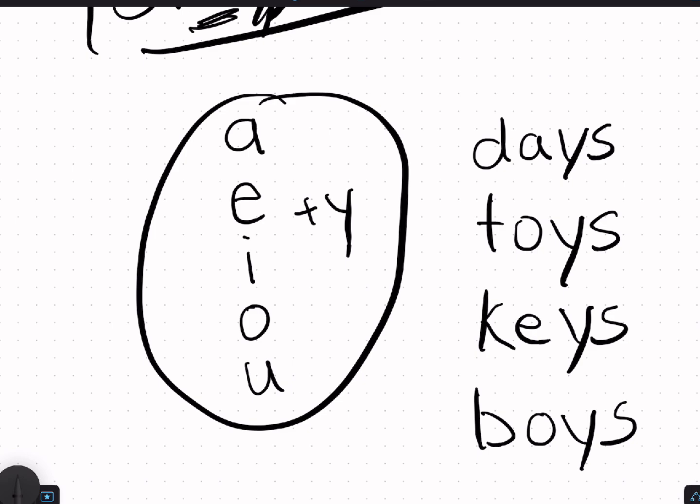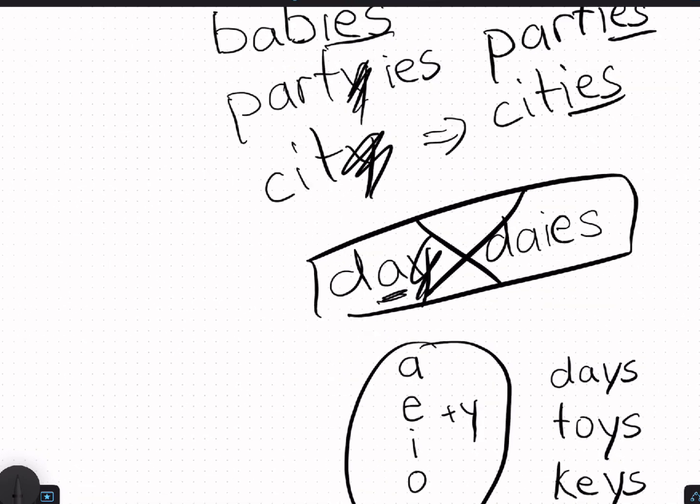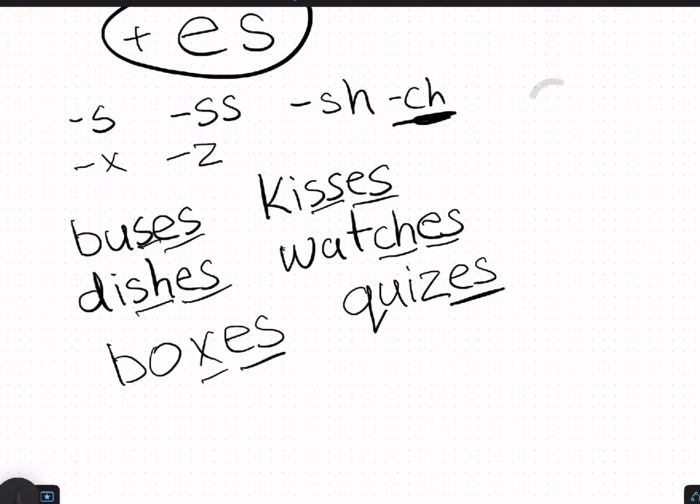And then another one. Oh, let me add one back over here. Where were we? Sometimes if it ends in O, you also add ES, like hero, heroes, okay? Or tomato.